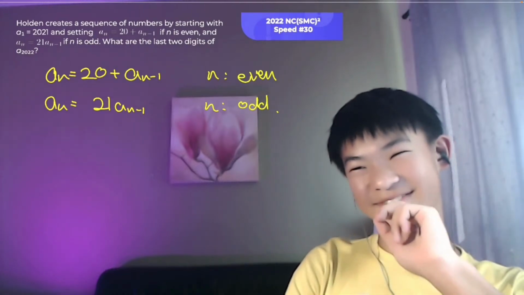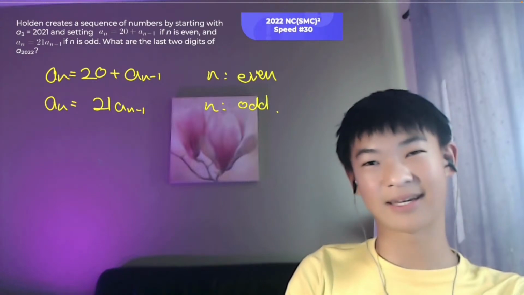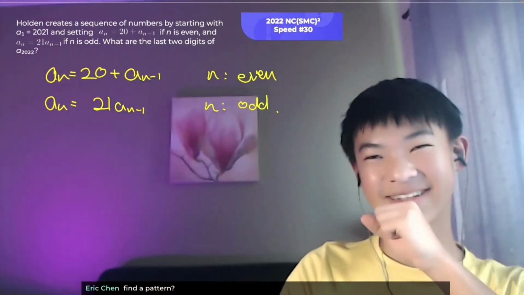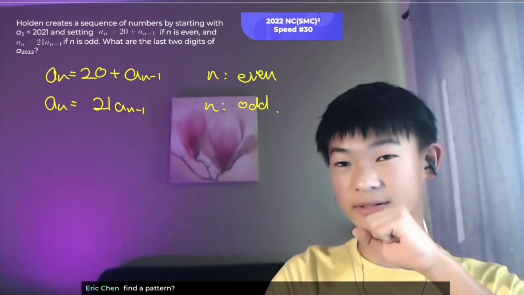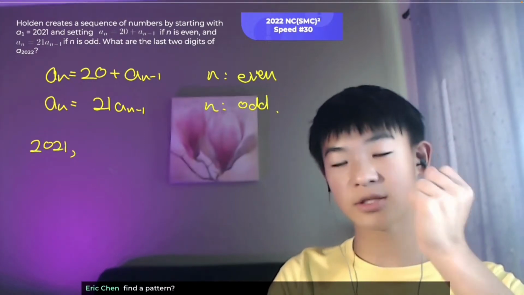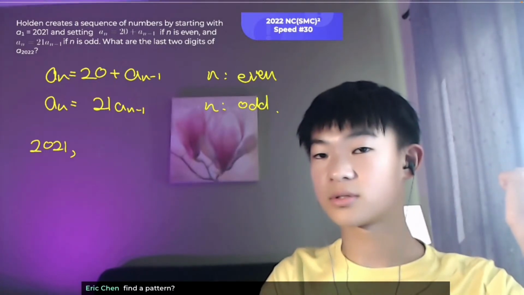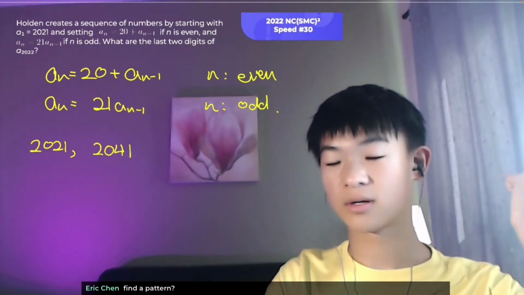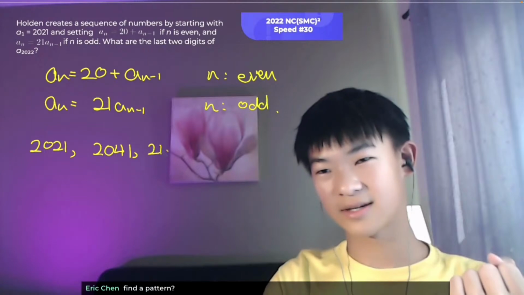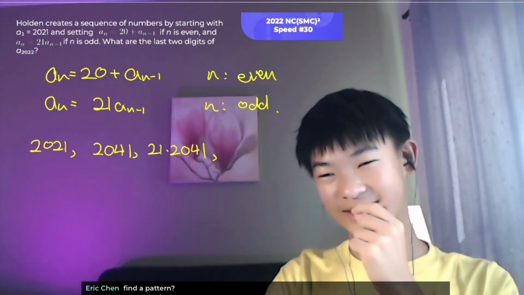That's a lot of big numbers again. So in these problems, there's really nothing I can do right now, so find a pattern. That's what I'm gonna do. Let's try this. If a of 1 is equal to 2021, since the next term is 2 and 2 is even, we add 20. So that'd be 2041. And then now we alternate. So we're going to 21 times 2041. And then we add 20 again.